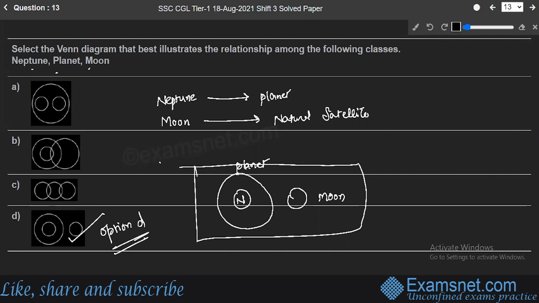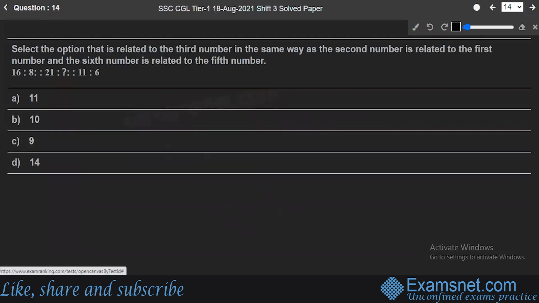Now let's move to the next question, number 14. Select the option that is related to the third number in the same way the first number is related to the second number and the sixth number is related to the fifth number. Okay? You have to get the logic in this question. If you get the logic, everything will be solved. I'm seeing these two pairs, the first and the last pair.